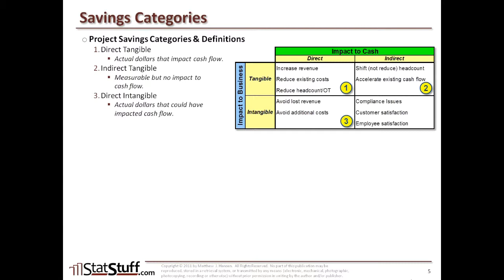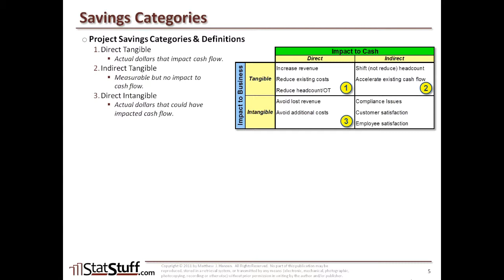Well, the fact that we have prevented lost cash or prevented lost revenue, in that way it does have some direct impact to cash, but it's not necessarily tangible because we don't know if it would have really happened. So we might have given it a little bit lower priority.